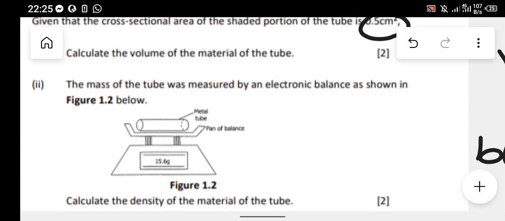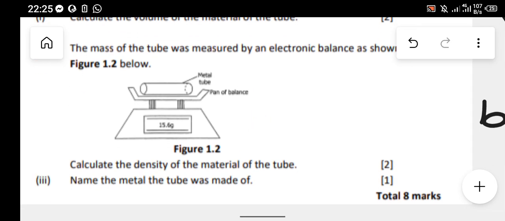So we have this figure where the mass of the tube was measured. The question goes on saying, calculate the density of the material of the tube. So we need to calculate the density.